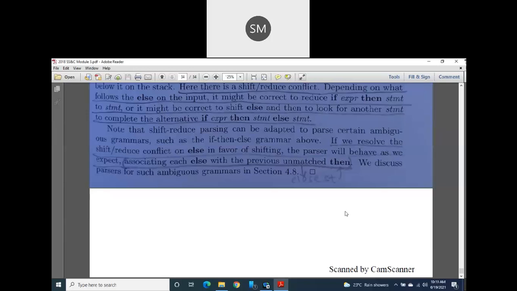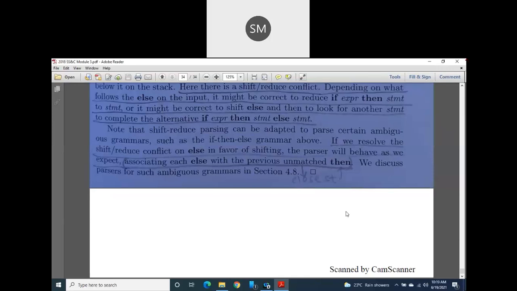Here your third module is completed. In the next class I start the fourth module, which is also very much important for your lab, because in the fourth module I am going to teach the lex and yacc tools.